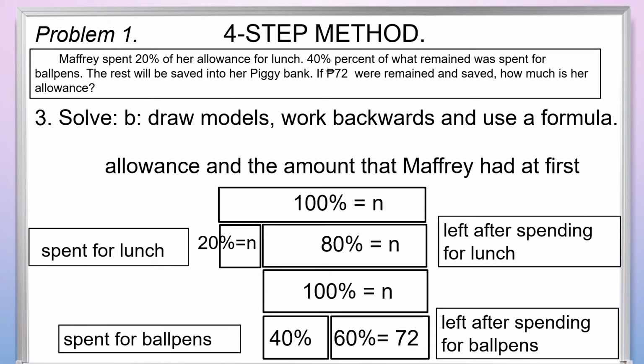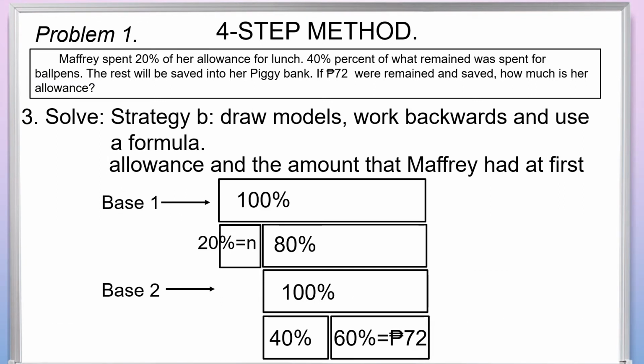Let us analyze now how we are going to solve for the allowance. We have 72 as the percentage and 60% as the rate. Therefore, we are going to solve for the base. We will use the formula base equals percentage divided by rate, following Tihan's triangle.